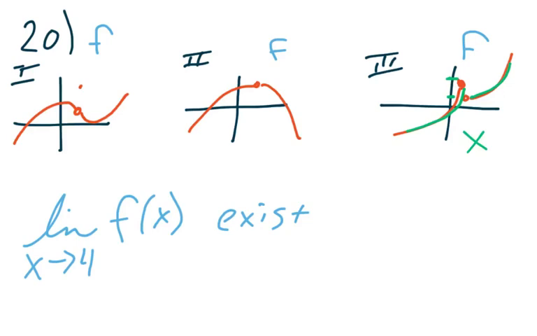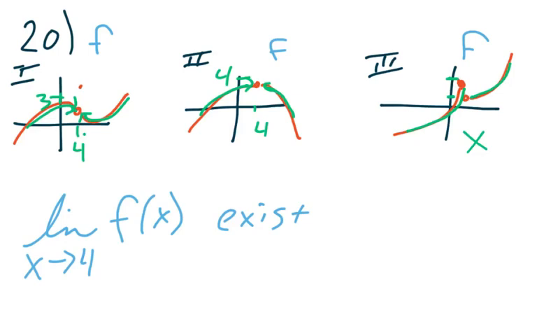But even if I have a hole, a point discontinuity, as in choice 1 and 2, if I were to evaluate at 4, even though there's that hole there, the left side and the right side are both approaching the same y value, which looks like it's about 4 in this graph and about 3 in this graph, wherever that open circle was.